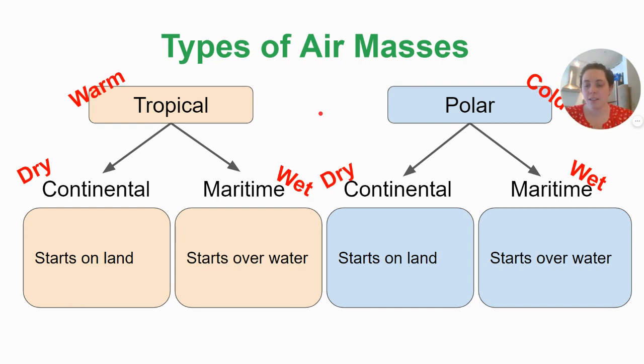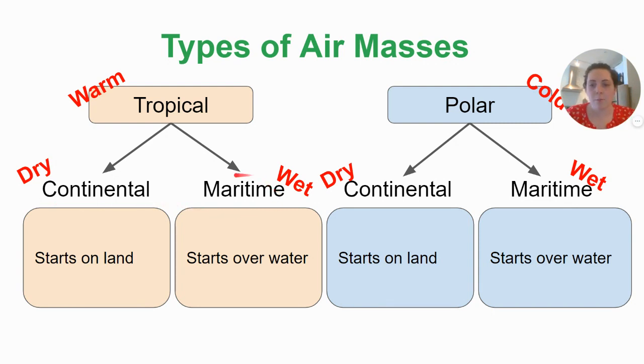All right, second part. Looking at the meanings of these words and how they apply to our air masses. Anytime you see tropical, we are talking about warm air. If you see polar, we're talking about cold air. Continental means it's going to be dry. If it's forming over land, since there's not as much water over land, that air is going to be drier.